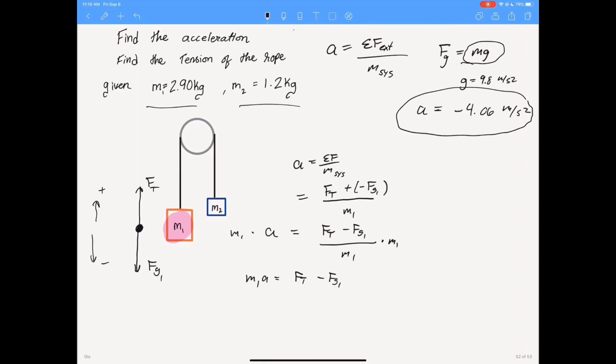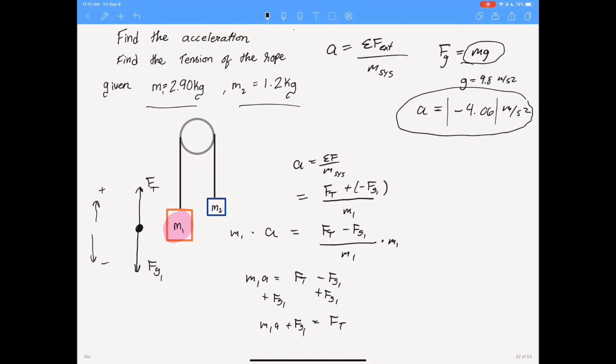Add Fg1 to both sides, and we have m1a plus Fg1 equals Ft.